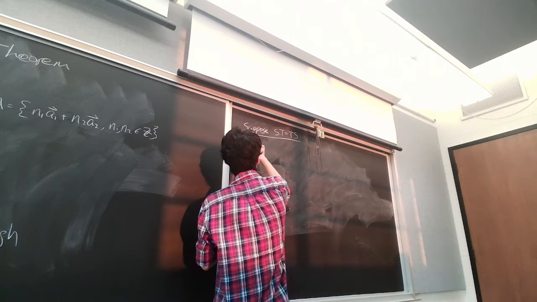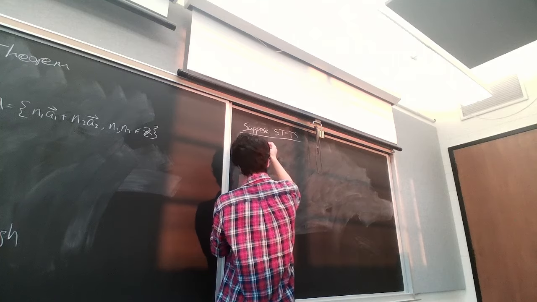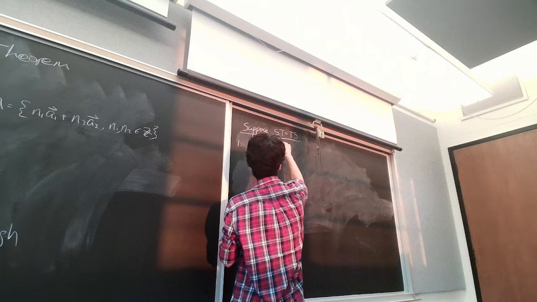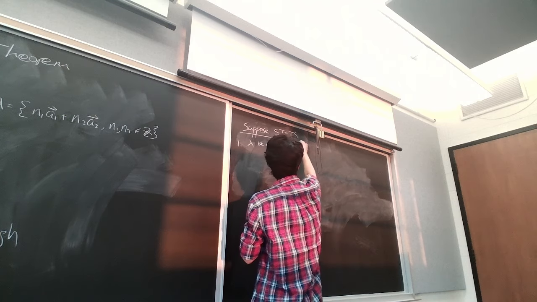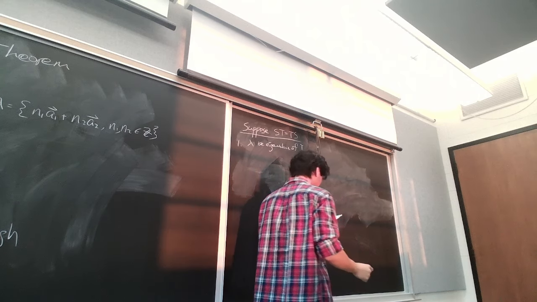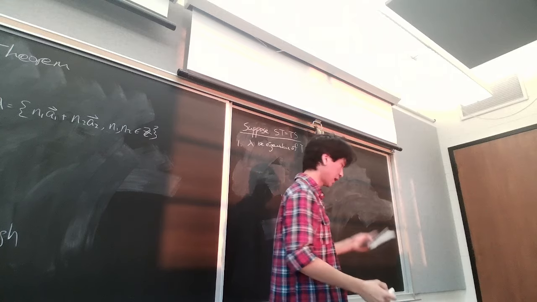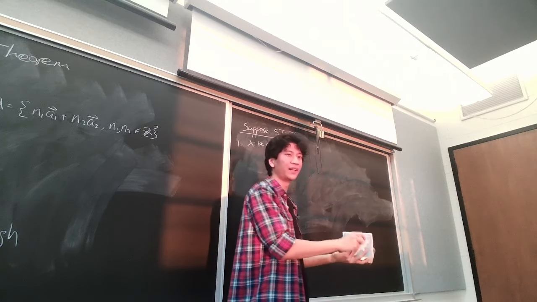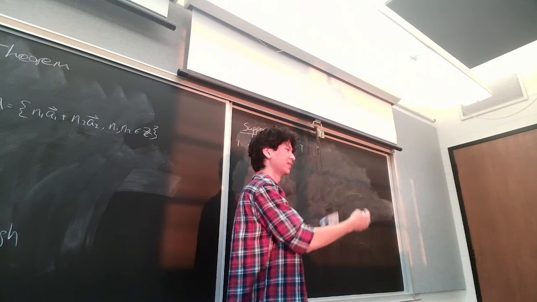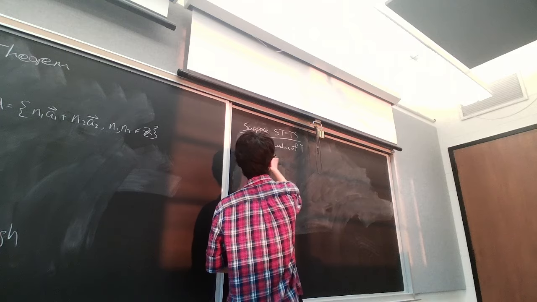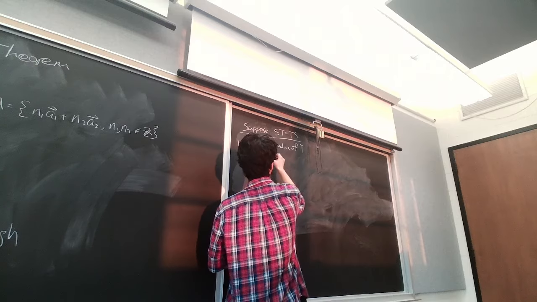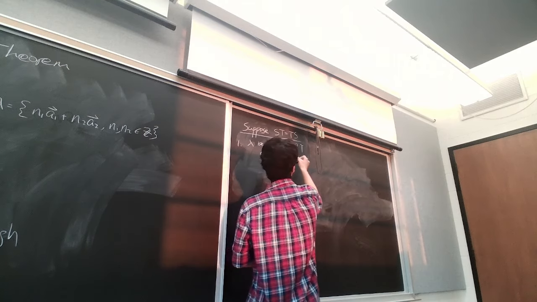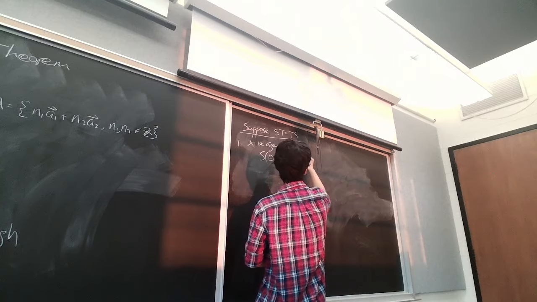First, let lambda be an eigenvalue of T. We want to prove that S does not remove any eigenvectors from this eigenspace, which means if we operate S on the eigenspace, it stays inside the eigenspace.